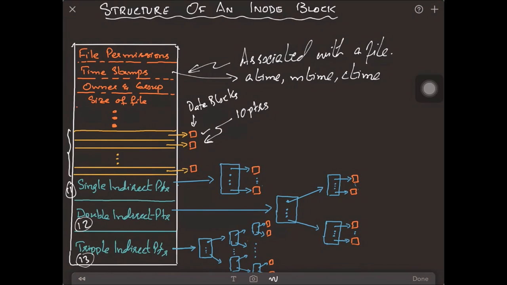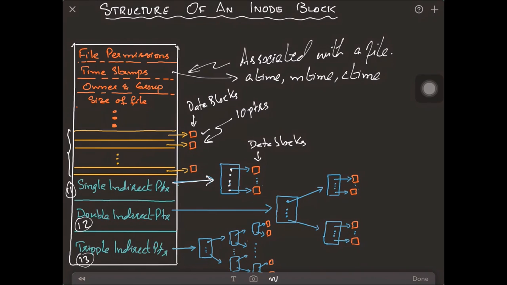If the file grows and it's larger, then the system can use the single indirect pointer. This single indirect pointer basically does not point to a data block, rather it points to a block which contains again pointers. And these pointers again point to the data blocks. We have over here data blocks. Just try to understand.